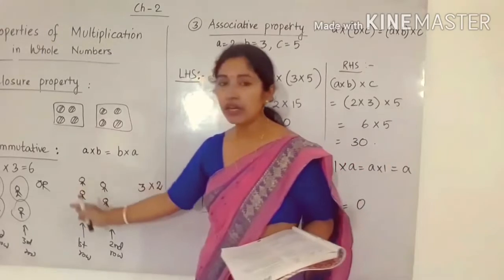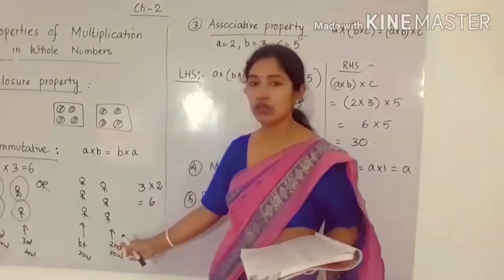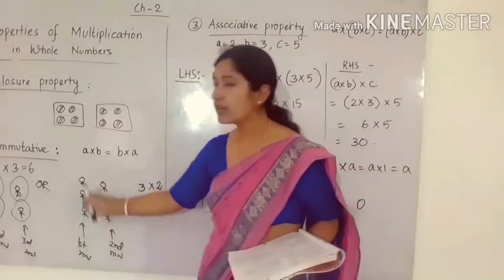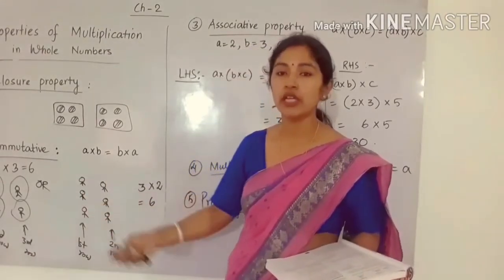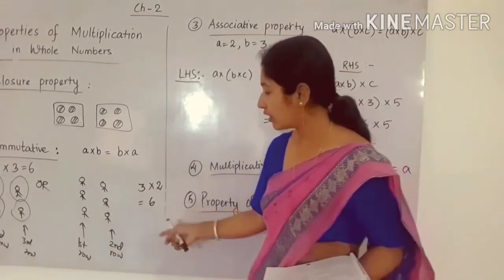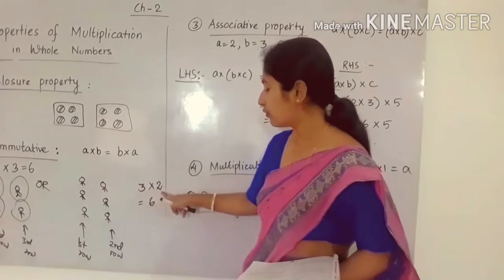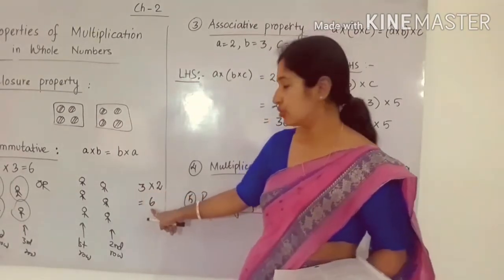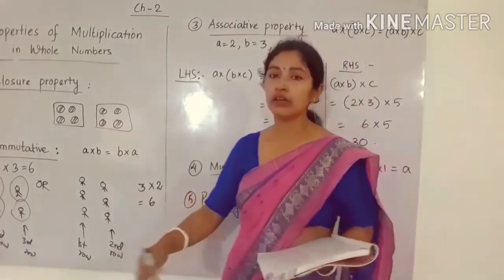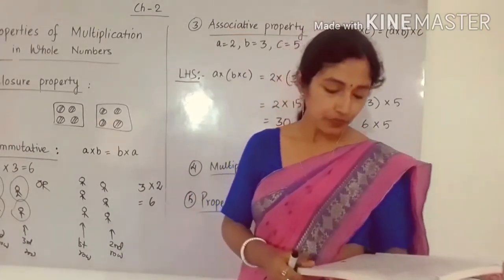You can take a similar type of example. For example, we have 2 rows and there are no persons standing in the 2 rows. That means the number of persons is 0. So in place of 3 we have to write 0, and in place of 2 you have to write 2. That means 0 into 2 will be 0. Like that you can make many examples on your own.